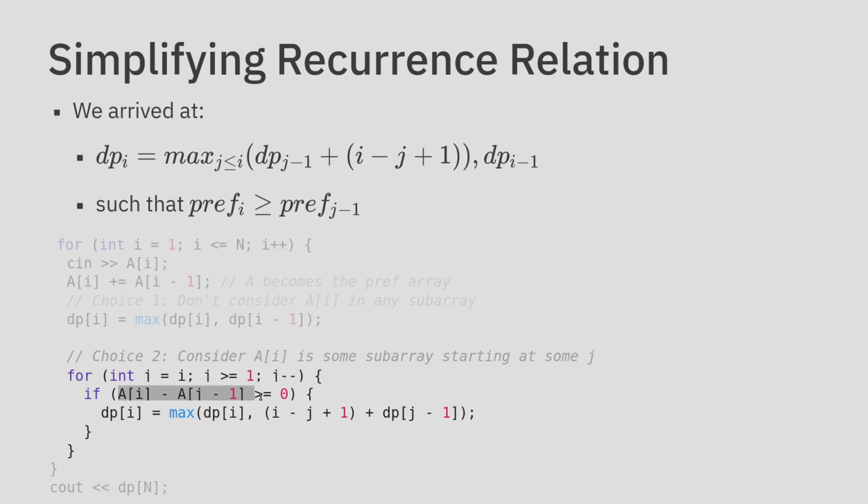So this condition will be the same as transferring this term to the right hand side and the term that we have arrived at on the third line. So we are updating dp accordingly as denoted here, and the final answer will be stored in the nth element as I mentioned before. So this will be the approach that we arrive at currently.